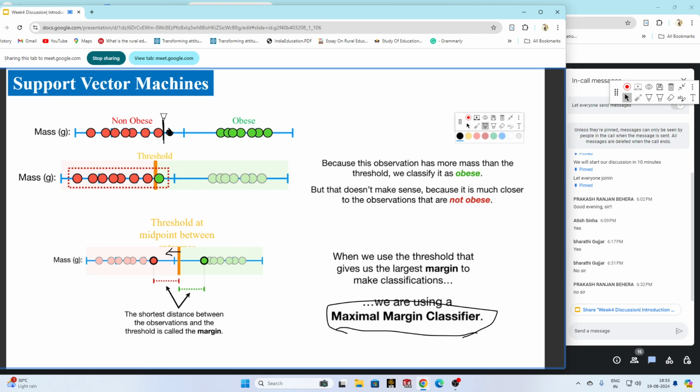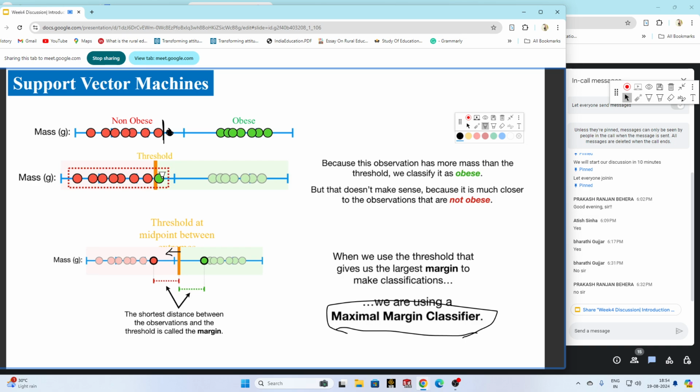If I put the threshold very close to one class like this, then if we draw a new testing data point and find it over here, we will classify it as obese class. Why? Because the threshold is over here, right?